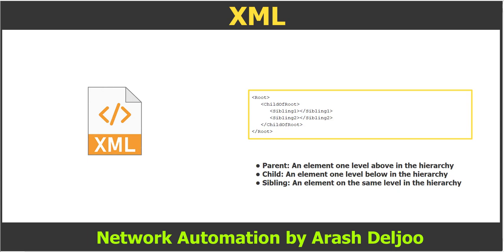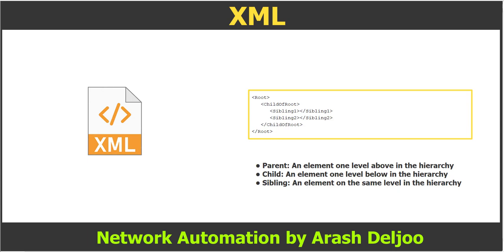XML documents are formed as trees. An XML tree starts at a top element called the root element. All elements can have child elements. The relationship between elements can be described as parent, child, and sibling.